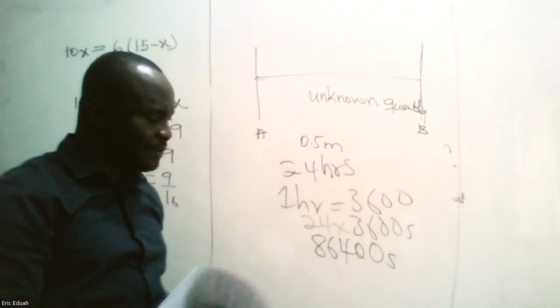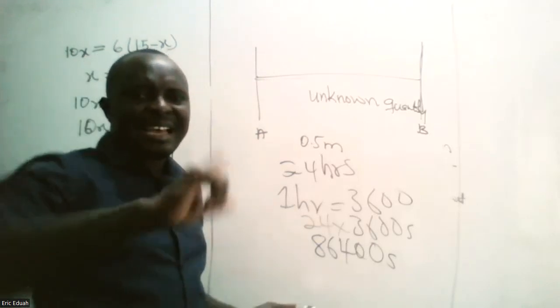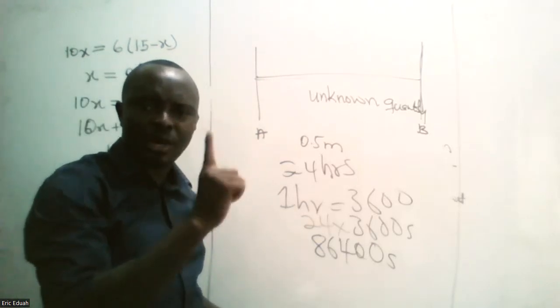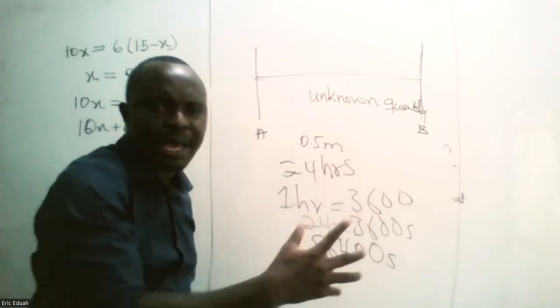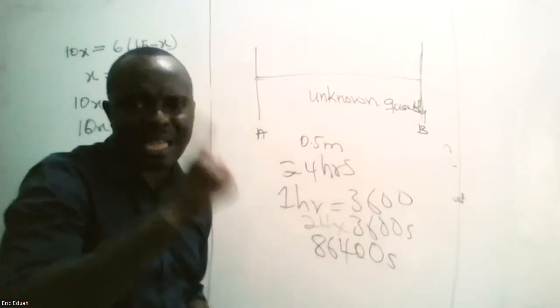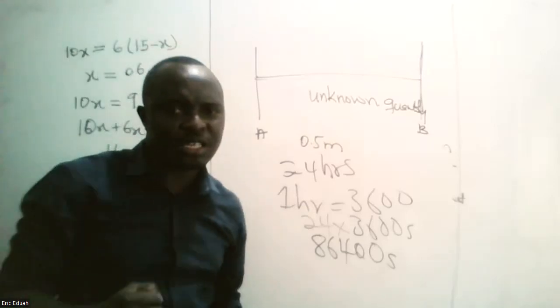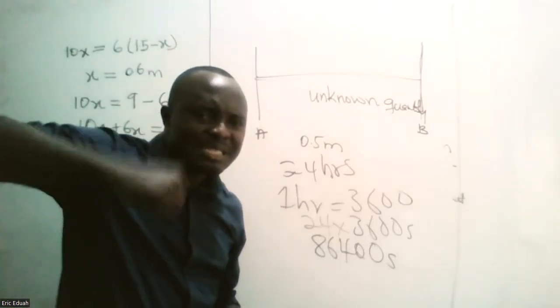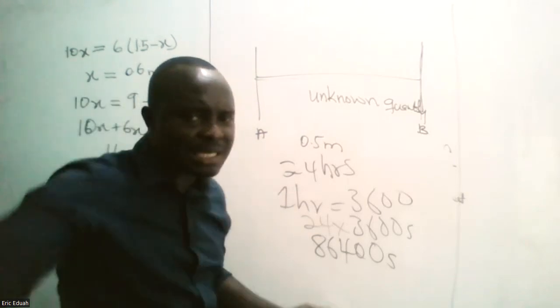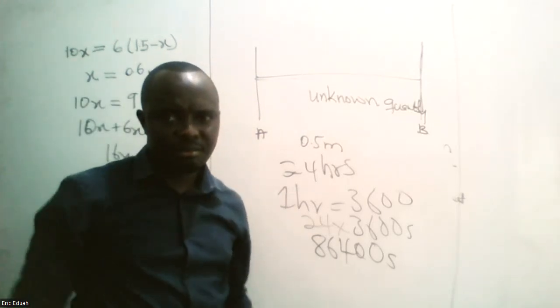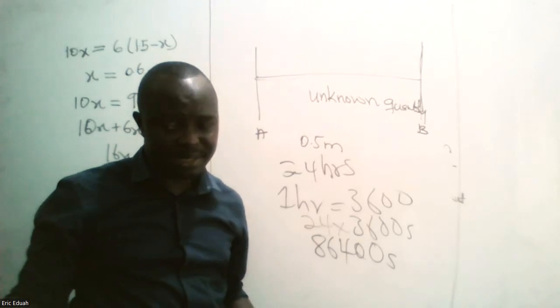What it means is that when we compare a whole day to the standard of measuring time, we have 86,400 seconds within a day. Please, are we okay with measurement?